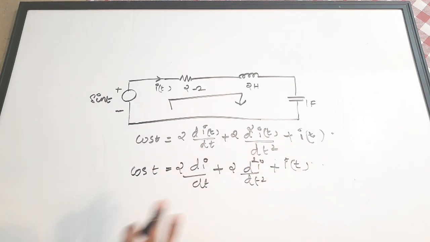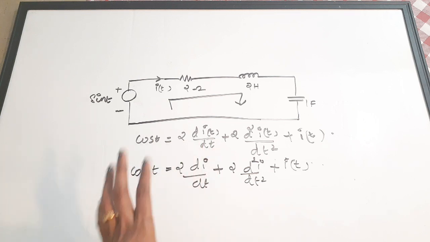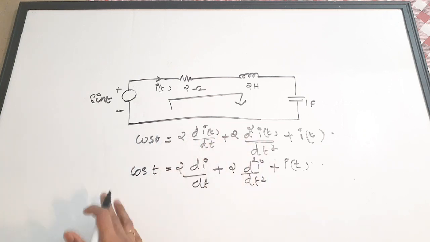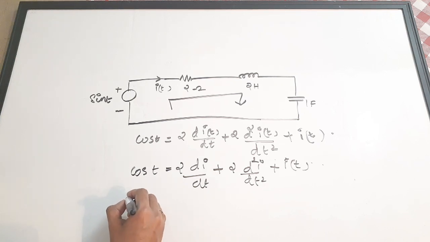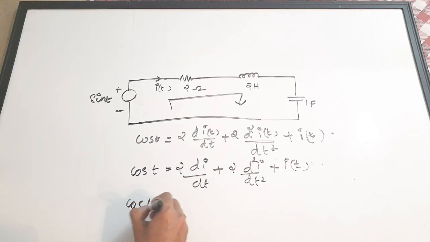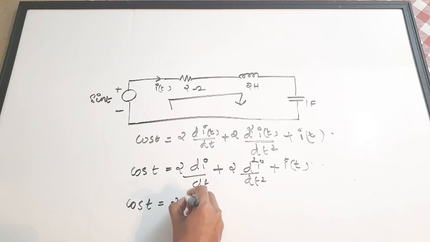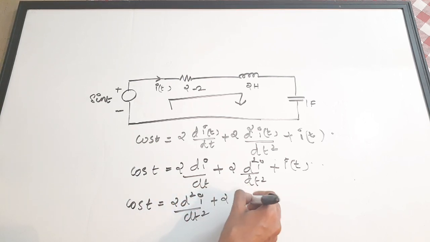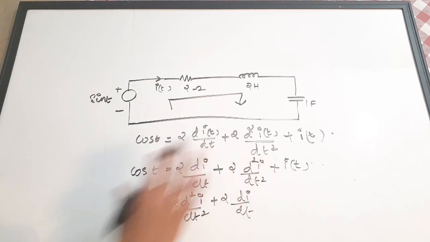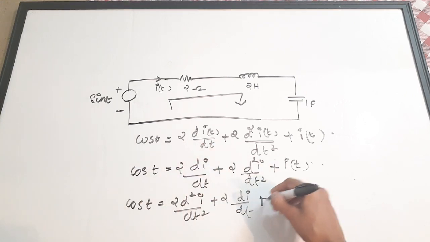Now I'm going to rearrange the equation as cos t is equal to 2 d square I by dt square plus 2 di by dt, just rearranging the terms, plus I of t.